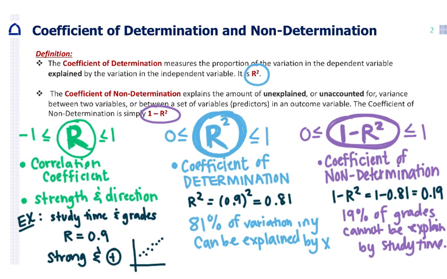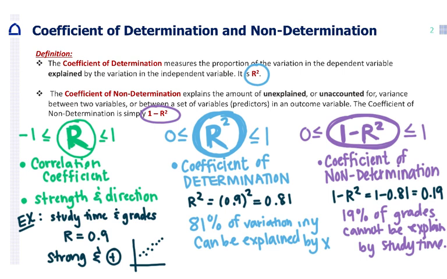There are going to be other factors. All right, we'll do some more examples to make sense of this, but just remember as a review, r is called the correlation coefficient. That tells you the strength and the direction of the scatter plot and of the data. Are the data points close to a line, and are they going up or are they going down?